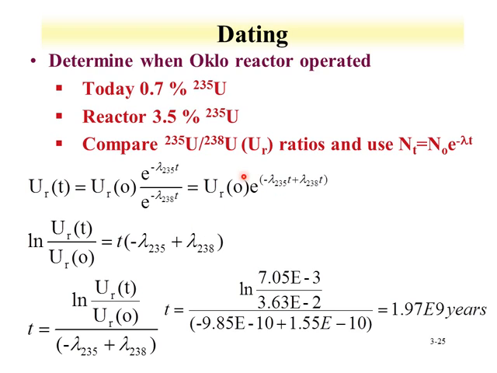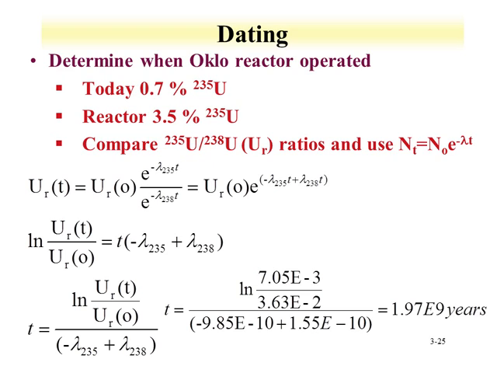So let's just explore an equation where we compare the ratio of uranium-235 to uranium-238 and use this fundamental equation. The ratios I'm going to base upon the fact that today the 235 is 0.7% of the uranium.